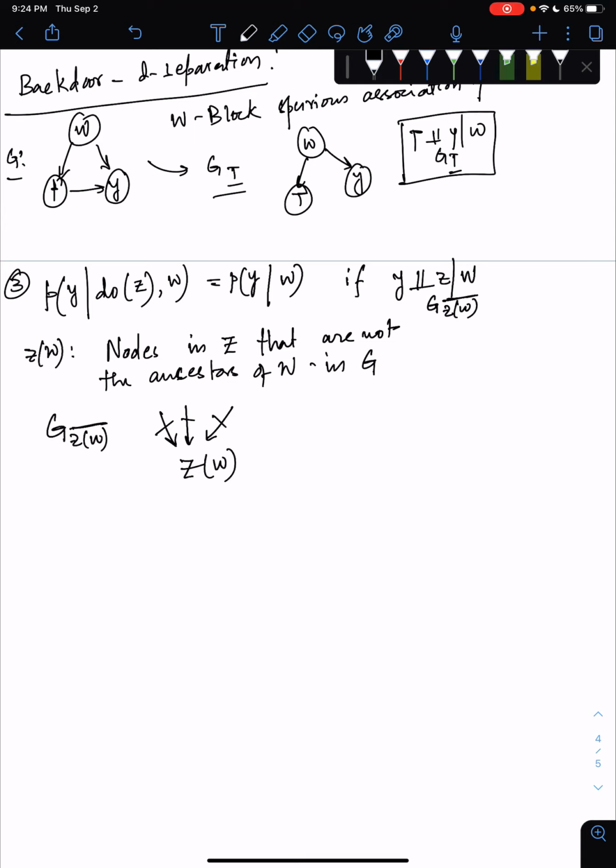This is possible if this is a causal chain, or it is possible if this is a fork.